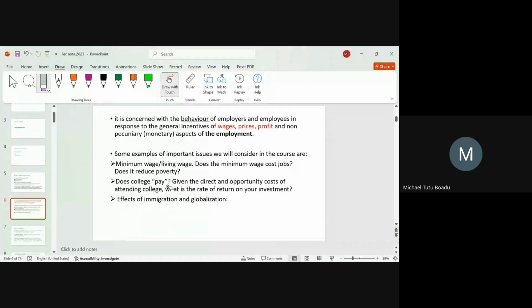Can you tell me whether you have made a profit on the education you have taken yourself through, on the work you are doing after training yourself for that job? Is the job paying? Have you been able to recoup your investment and make some returns? The answer may be yes, but you cannot tell me the exact figure.